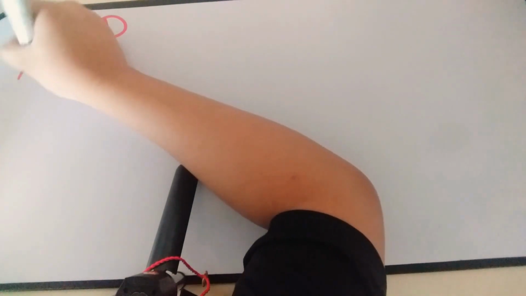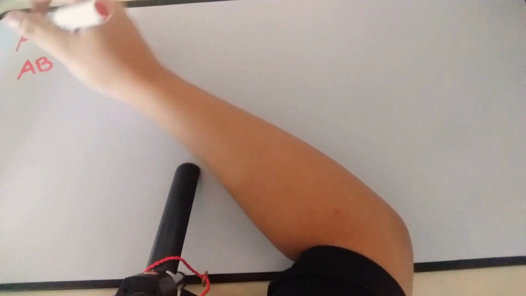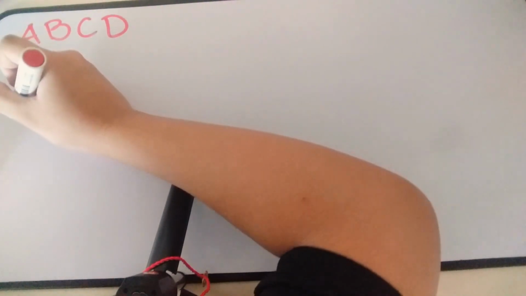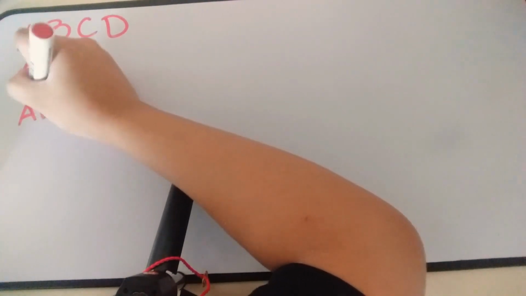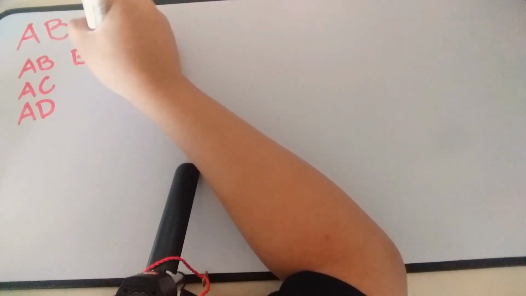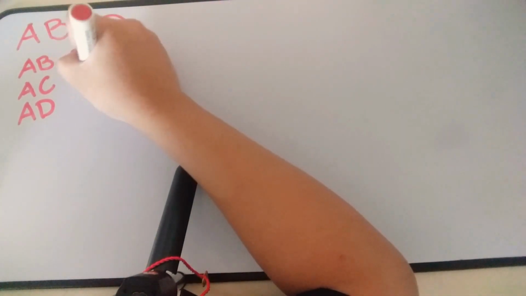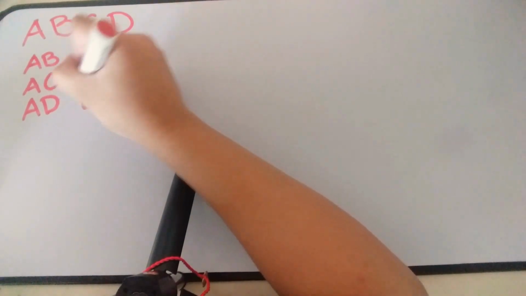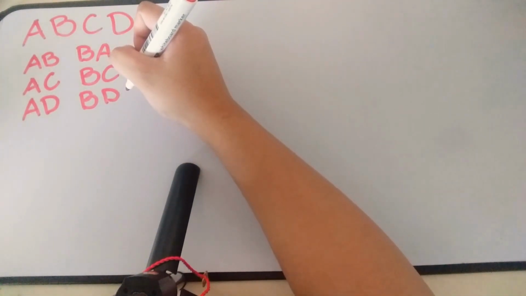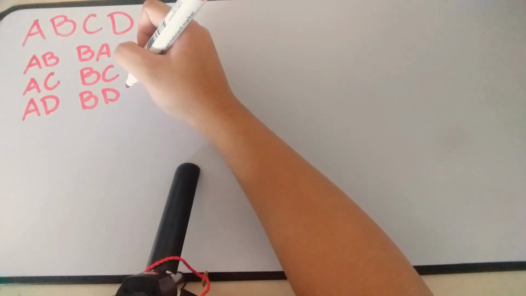So you can choose AB, and you can choose AC. We could choose AD. We can choose BA, BC, and BD. We're only using each letter once every time we select two out of the four.